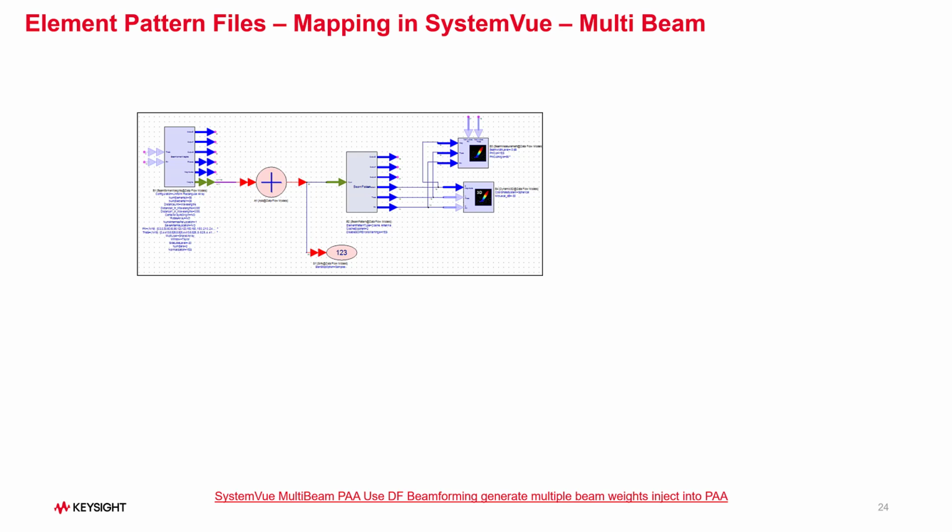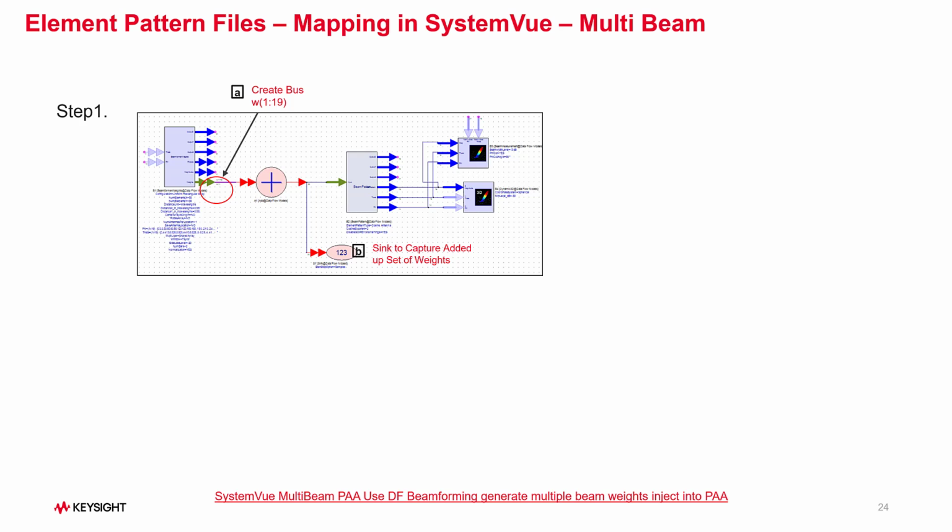We first start with the time domain. In the time domain, we start with a component called beamformer weights, the leftmost part here. What it does is if you input multiple pairs of theta and phi, it will compute the beam weights for all those pairs.